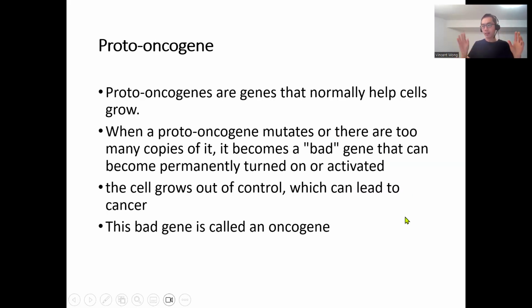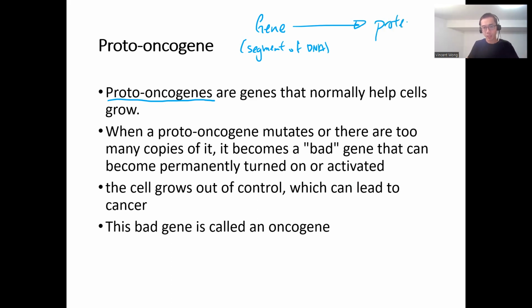All right, here is the possibly confusing part. We have something called a proto-oncogene. A gene is basically a segment of DNA, and the gene can become a protein. It contains instructions to make the protein.